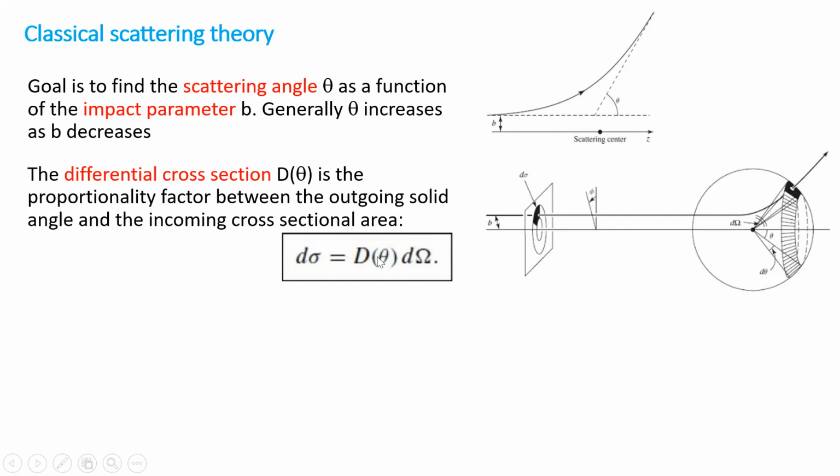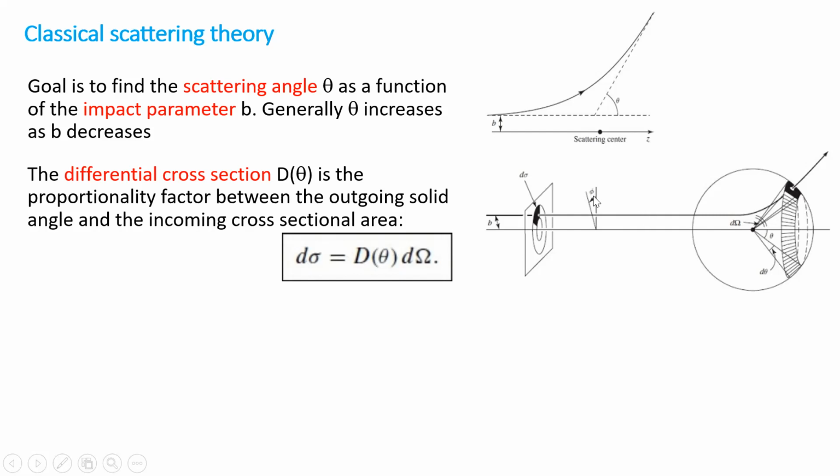This proportionality factor between the solid angle and the cross-sectional area is called the differential cross-section D, and it depends on theta. As we move out in theta, this proportionality constant will change.